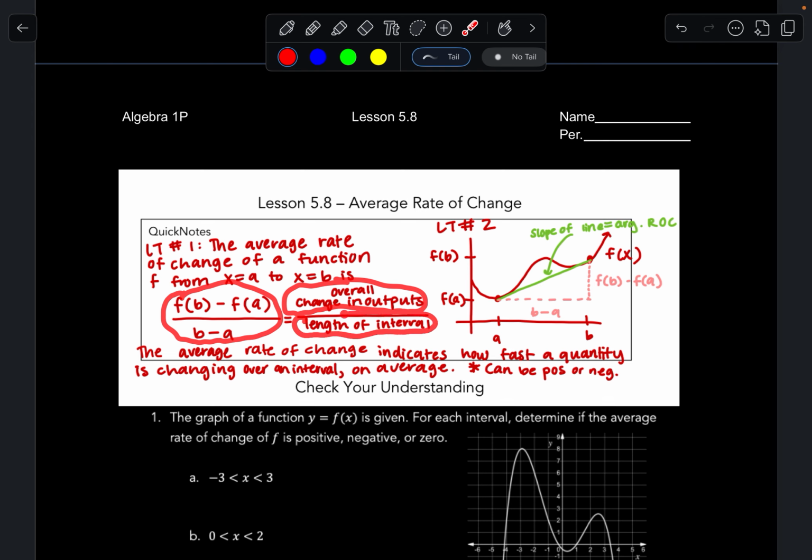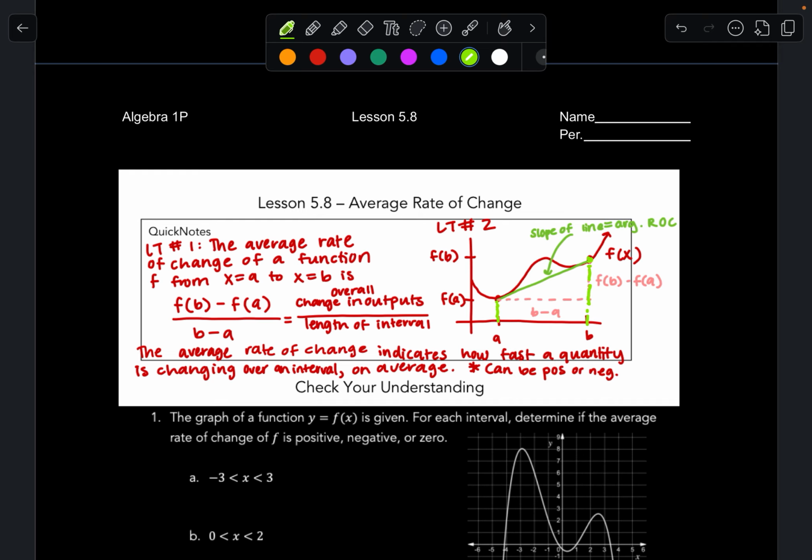From a graph, here's a graph with axes and all this fun stuff. It's kind of curvy, and here's a. So that's a, that's b, and so it's going to be the y value here, minus f of a, over b minus a.